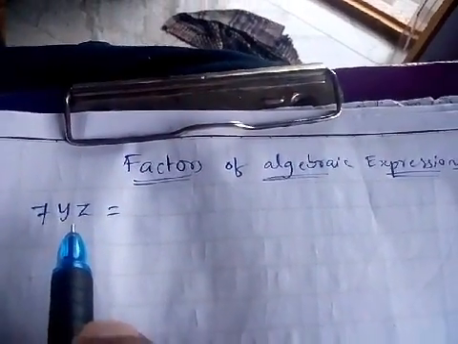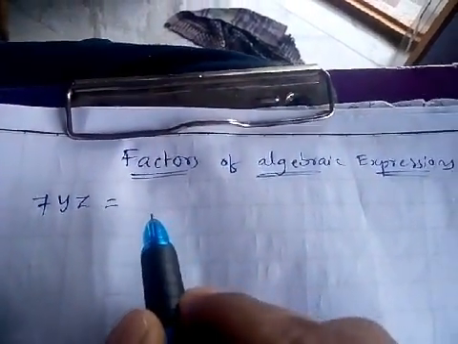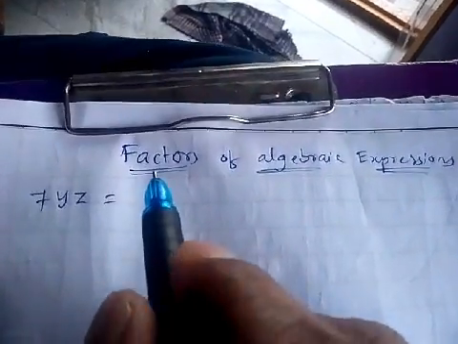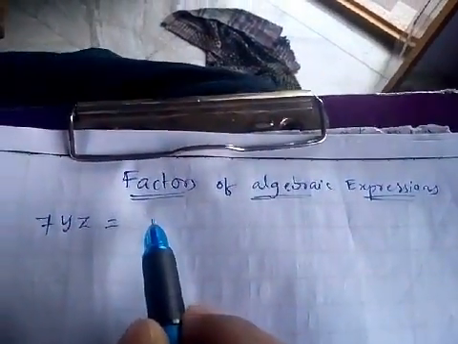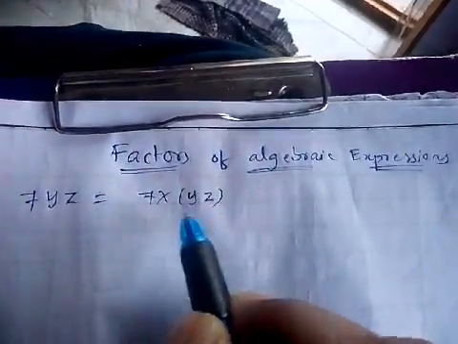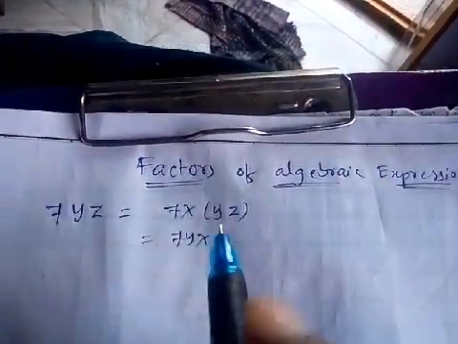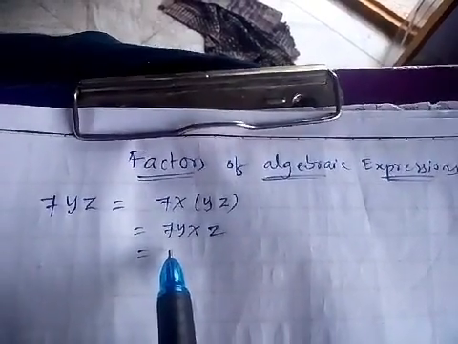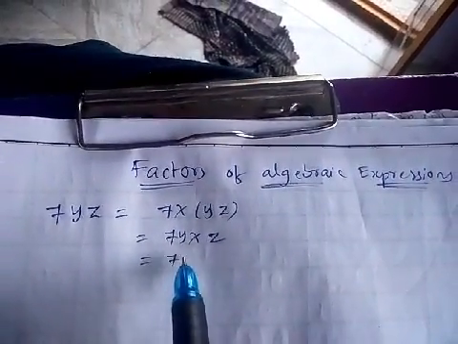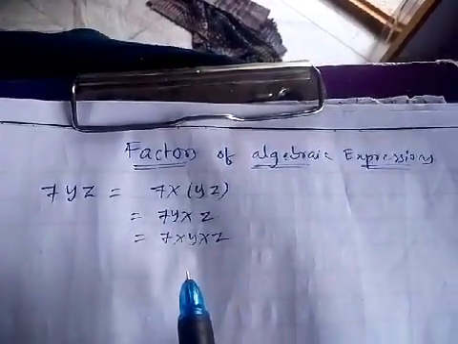So let us write 7yz as a product of 2 or 3 numbers, or 2 or 3 terms. I am writing 7 into yz, or we can write 7y into z, or we can write 7 into y into z.